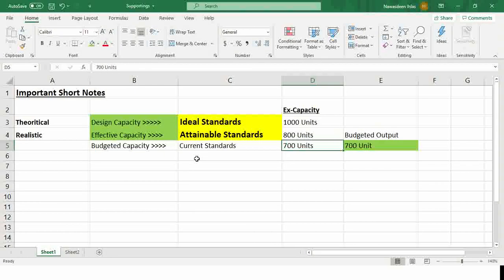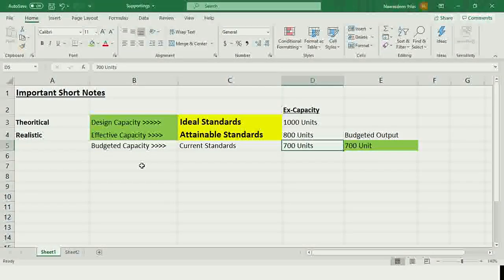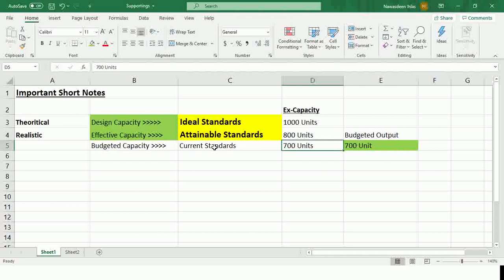So remember, budgeted capacity always depend on current standards. Let's say this is May month. So May month we need 700 units. So in this month our budgeted capacity will be 700 units. We'll say for next month, June, we need 900 units, which means in the next month our budgeted capacity will be 900 units, which means it is based on the current standards. So this month standard is 700 units, next month it can be 900 or whatever.